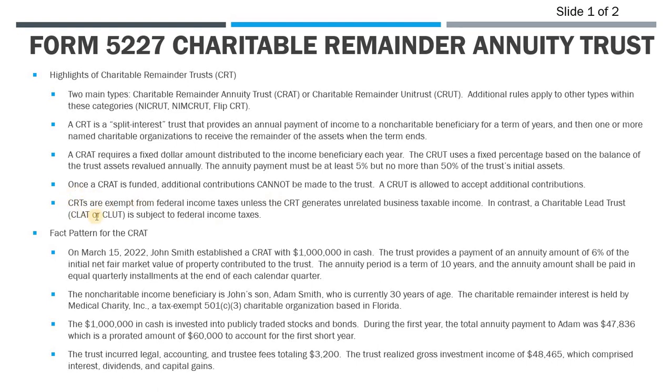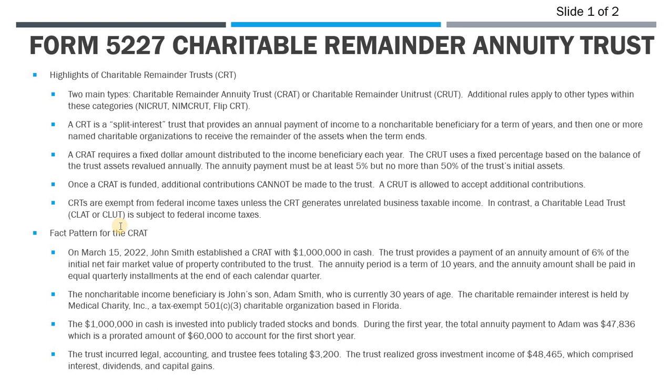Now, here's what's really important to remember. Remainder trusts, the CRTs, are generally exempt from federal income taxes unless they have UBTI. In contrast, with the charitable lead trust, the charitable party gets an income payment every year, and then the remainder goes to a non-charitable beneficiary.